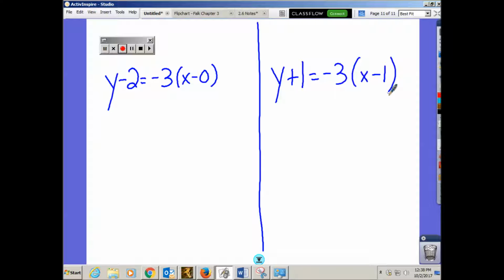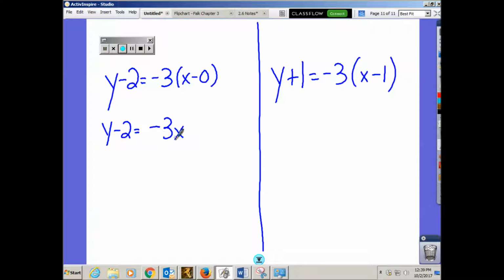We already saw the line, right? They should have the same equation. If they don't, we've done something wrong somewhere. So to convert these, the first thing I need to do is distribute. -3 times x is -3x. And -3 times 0 is 0.